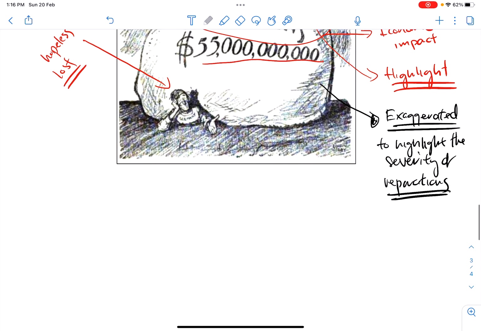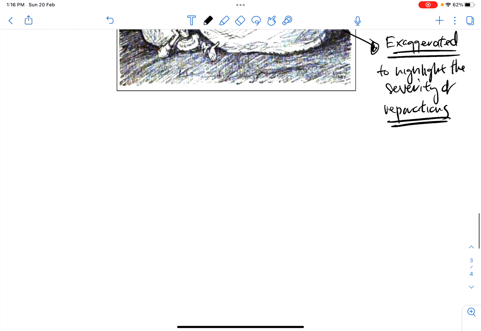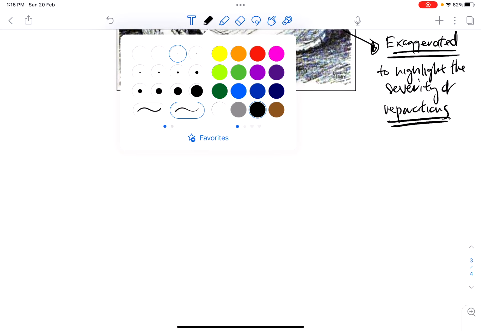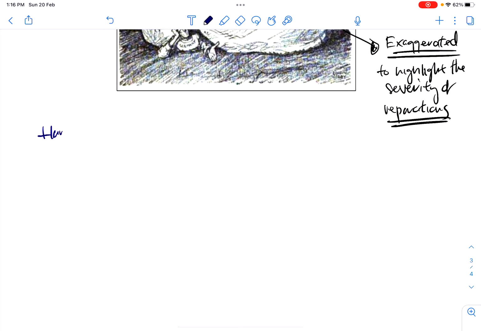Alright, now your conclusion is harsh. Okay, let me use blue, darker blue. So it's good if you can draw this little graph here before you write down your actual answer. You can draw it anywhere that you can see. Write in point form first.